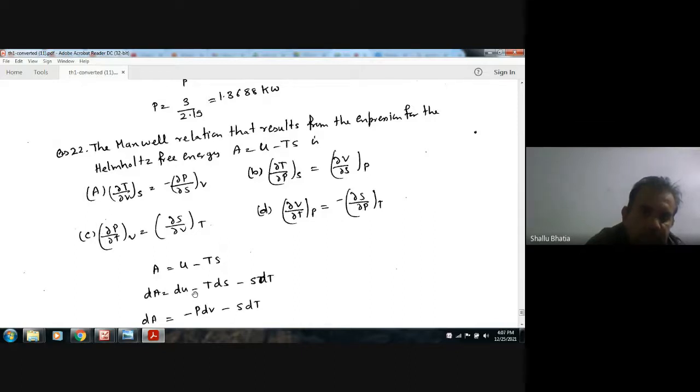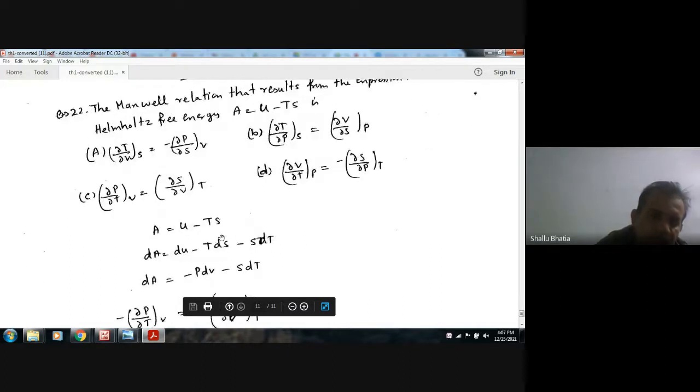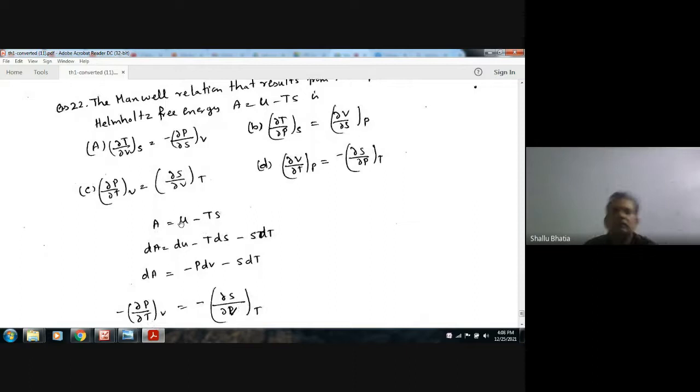So this is the Helmholtz energy, A equals U minus TS. Helmholtz energy is a property of the system. Now differentiating it, dA equals dU minus TdS minus SdT.